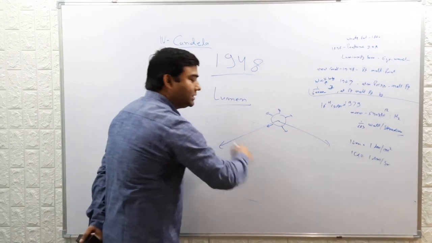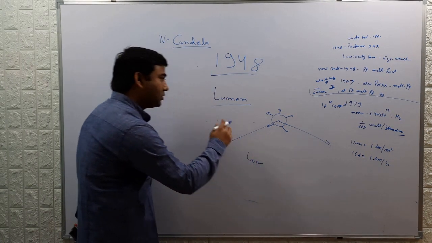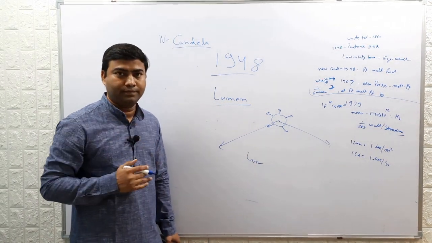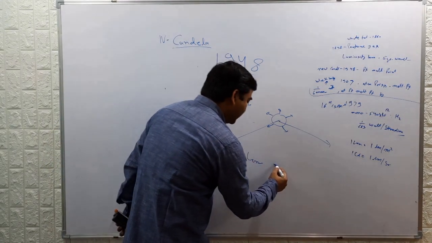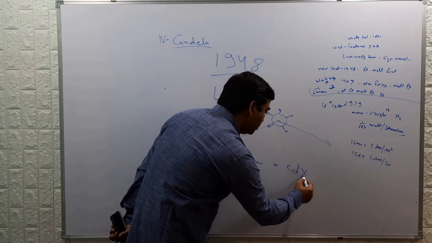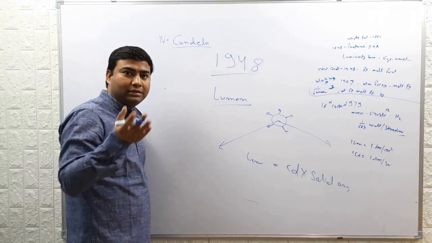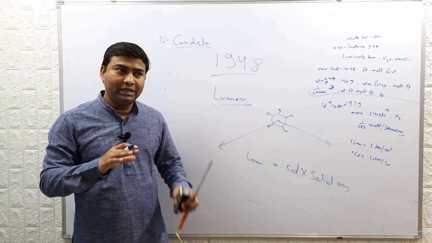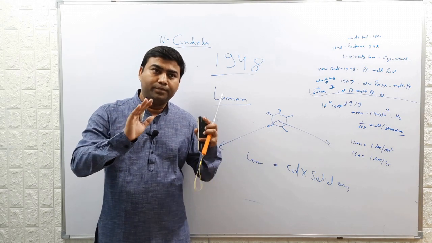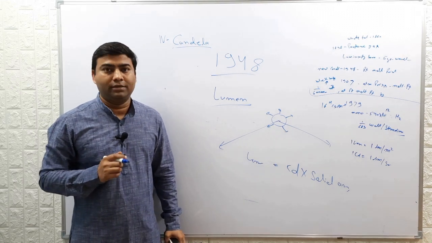Lumen is total intensity. It is a unit of luminous flux, and it is achieved by luminous intensity, that is candela, into solid angle. You can interpret it like this: lumen is the luminous flux for a given source of light in a given solid angle region.